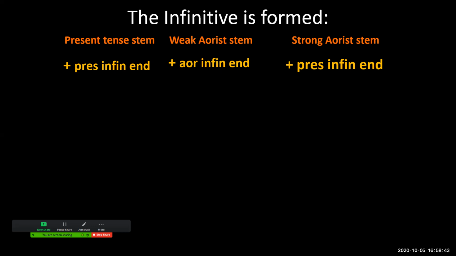Now, we haven't really been introduced to the middle and passive voice, and we won't be for a while, but there are some verbs that only appear in those voices, middle and passive. Therefore, we have to know those forms and those verbs, especially the very common ones that are used often. Most of these will be translated by the active voice.